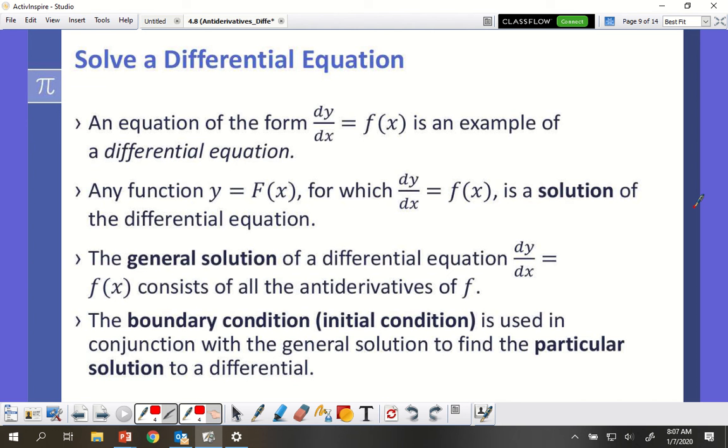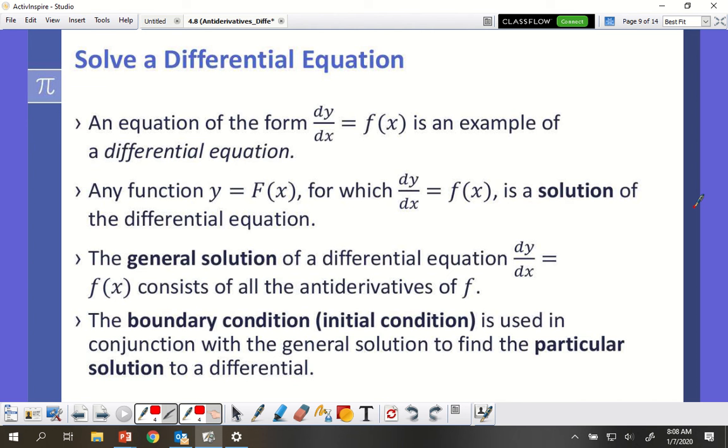And if I solve for whatever my C would be, that would be a particular solution, or a unique solution. The boundary condition, or initial condition, is used in conjunction with the general solution to find the particular solution of a differential equation. So basically, in Mathanese, you're finding C also.